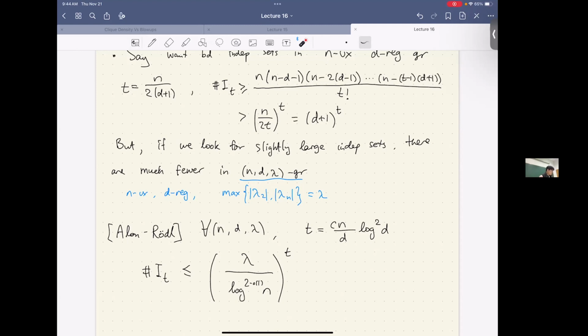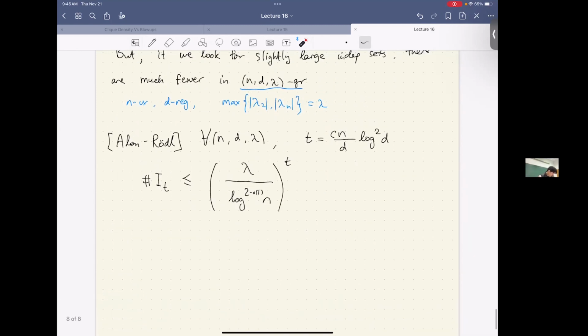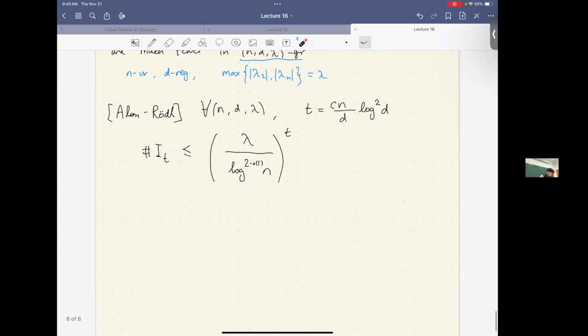So now let me also briefly mention this multicolor version that they proved. They also proved that this is the Ramsey number R of K4, K4, dot dot dot, K4, and then KT.